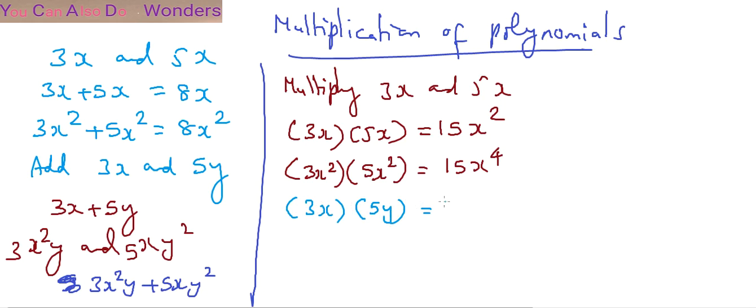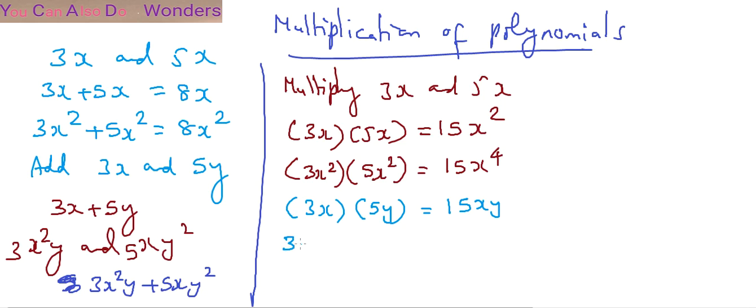Again same way, 3 into 5, 15, x into y, xy. A into b is ab, m into n is mn. Because the bases are different, we cannot add powers.